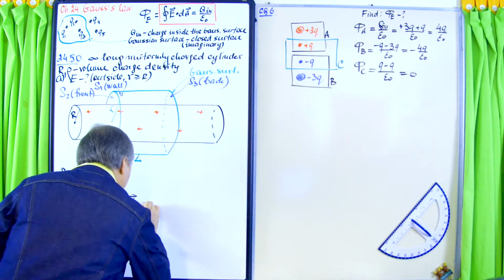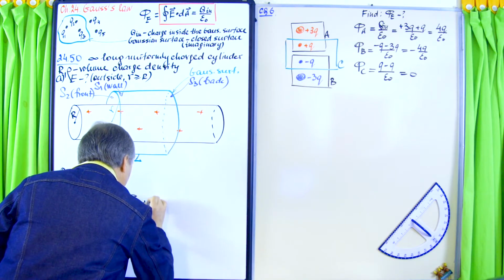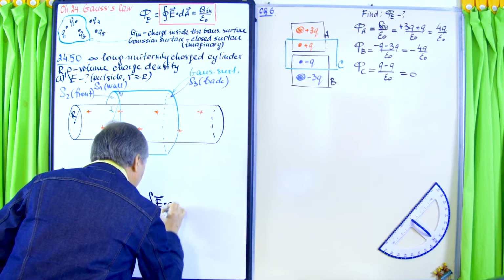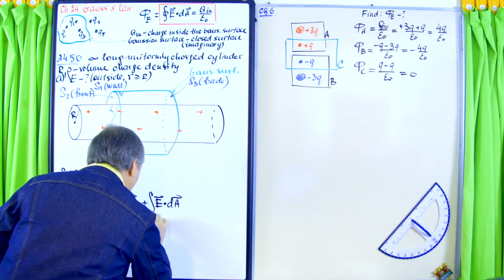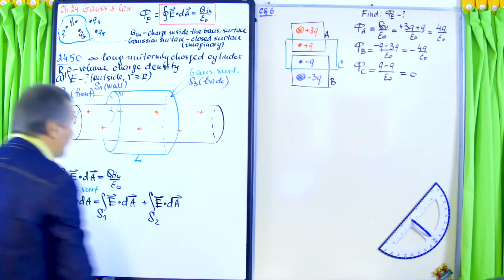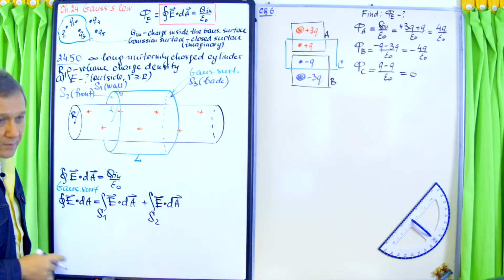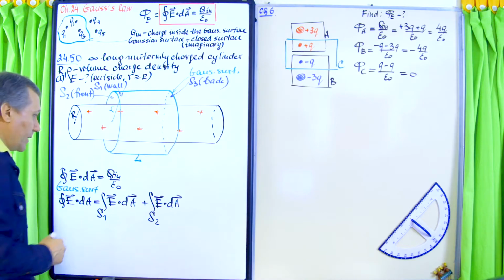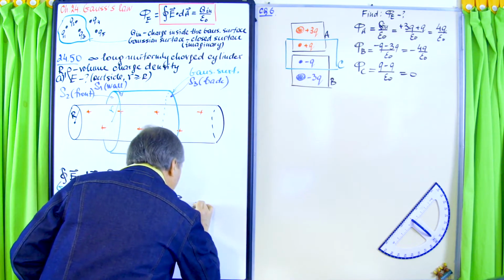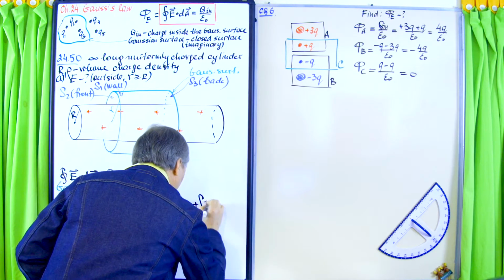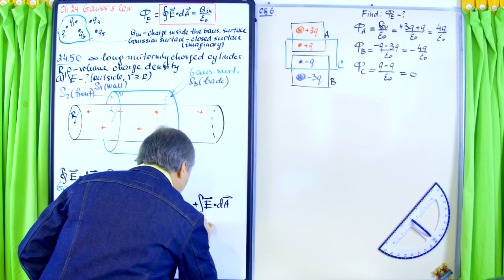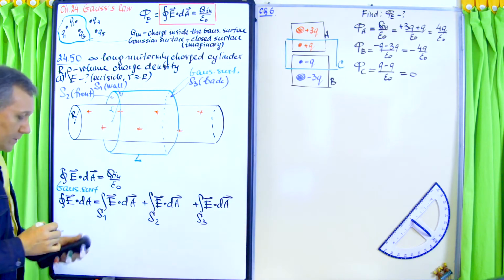I will write the second integral, plus integral of E dot dA over surface S2, the front facet. Integral is an additive thing. You can divide an integral into as many integrals as you want. And plus integral of E dot dA over S3. Okay, 3 integrals.